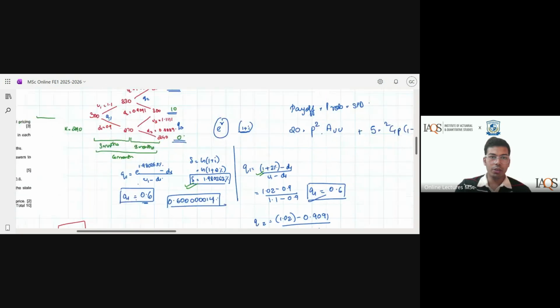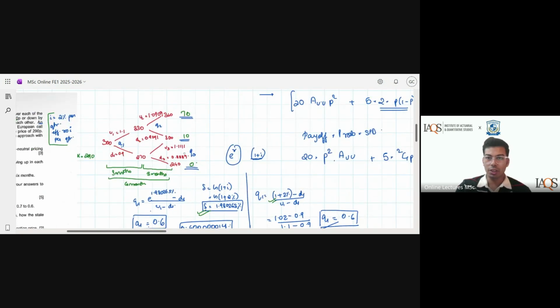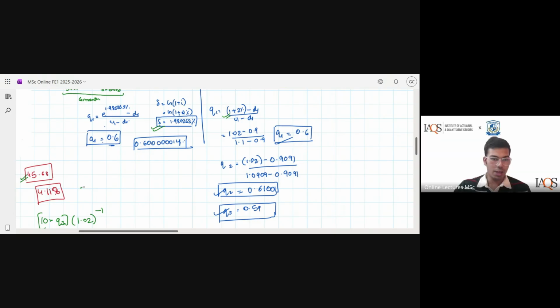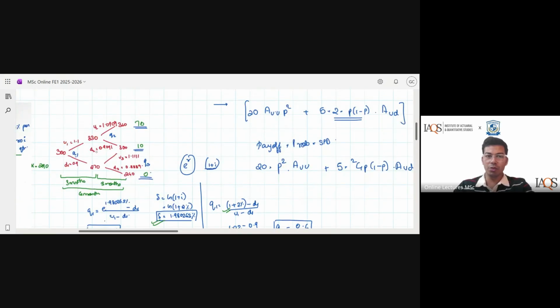Let me know, everyone, what value do you get at up node at 330? Sir, at up node I'm getting 45.68686. Okay, that's fine. And Hansraj also had the same. Down, I'm getting 5.7843. Perfect. I have the same answer, guys. Now take these two values at your up move, down move and calculate it at time 0.